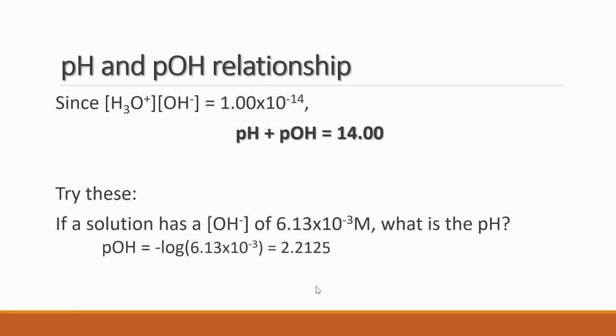So if we know the pOH, we can solve for the pH. So pOH is negative log of the hydroxide concentration. That'll give us a pOH of 2.2125. If we plug that into the pH plus pOH equals 14 equation, then we get a pH of 11.797.